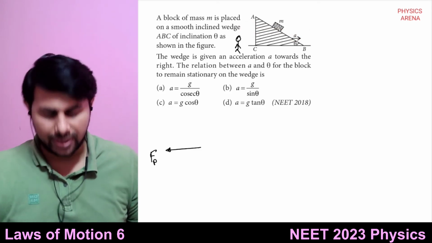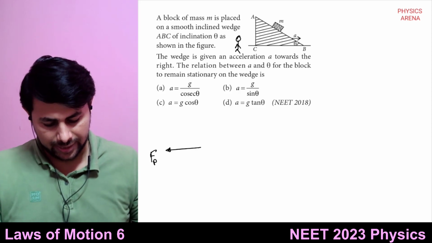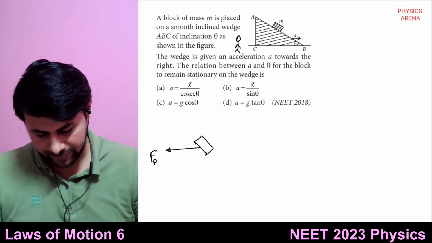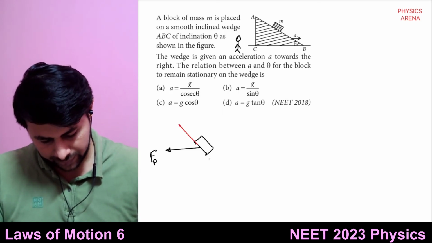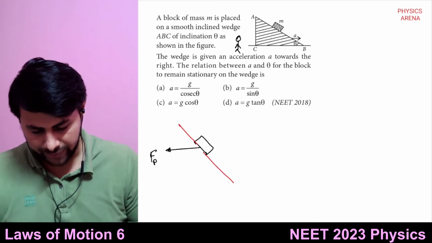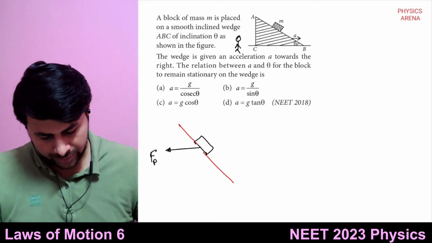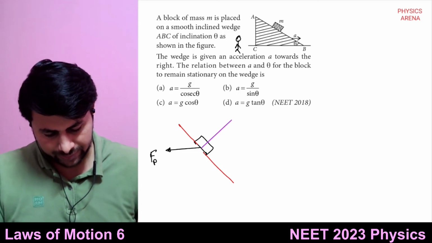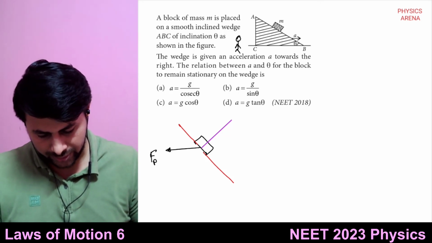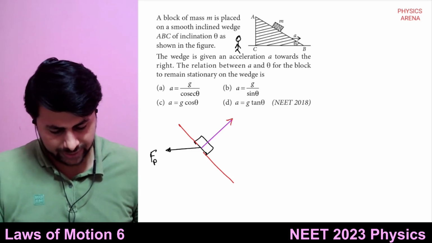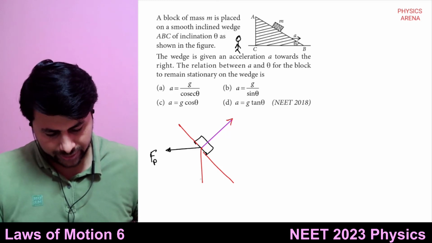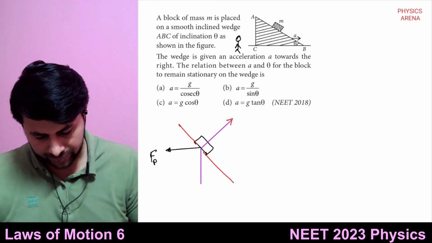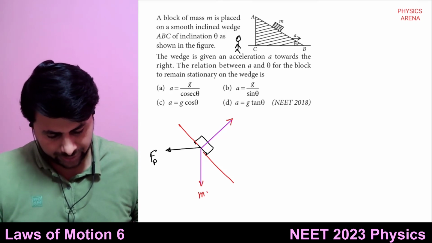So first of all, I will draw the pseudo force, and now let's draw the real forces. So this is the mass. Okay, so there is normal reaction acting like this, and there is the gravitational force which acts like this. This is the gravitational force, mg.